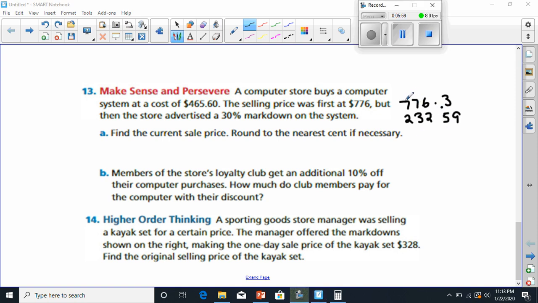So we have to subtract it from 776. We're just going to get rid of this 0.3 here for a second.